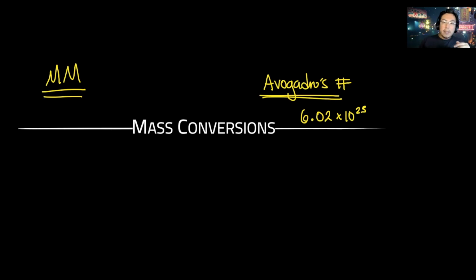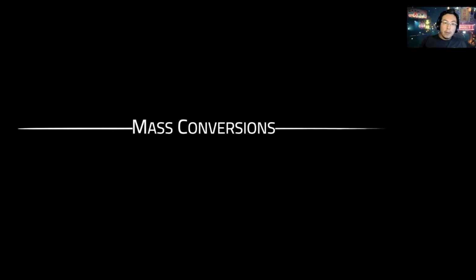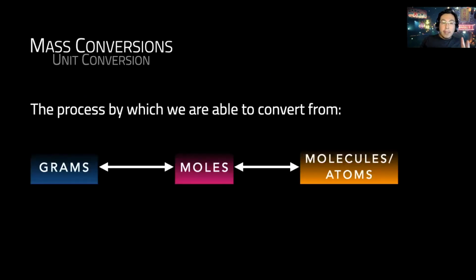Why? Because they are the ones that we'll be using in our math. So in mass conversions, we're going to be switching the identity of different quantities, specifically from grams to moles or from moles back to grams. But also we will talk about differences between moles and molecules, which is not the same thing, and molecules back to moles.